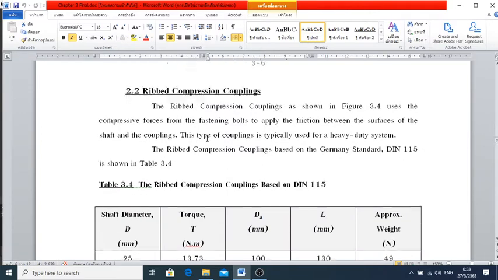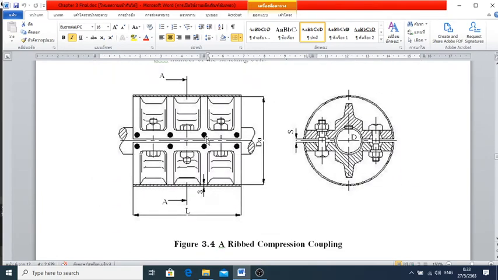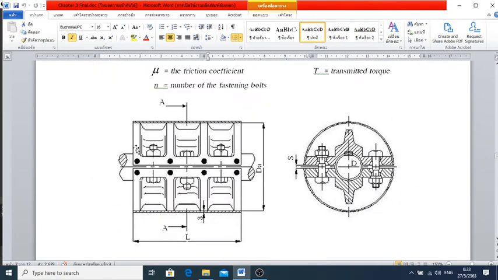And then another one is going to be the rib compression coupling. The machine is going to look like this. On the left hand side is just a section along the shaft. The input shaft is on the left and the output shaft is on the right. So this one we grip together with the rib compression. We apply the bolts on the left and on the right together to fix, to just grip the two shafts together.